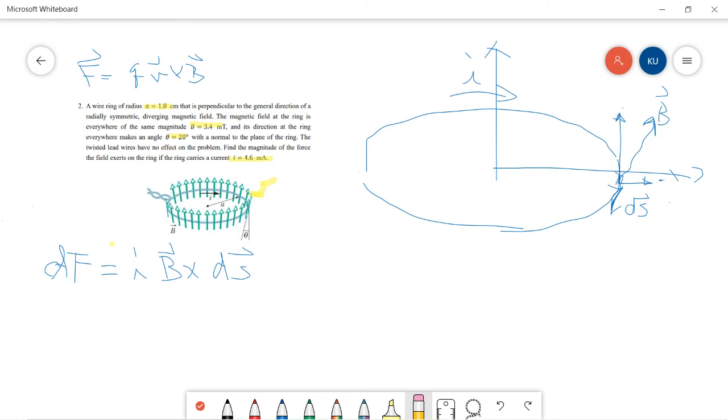If we use the right-hand rule for the cross product, B is the first vector, and ds is the second vector. In this case, B cross ds should point in that direction. This is dF.